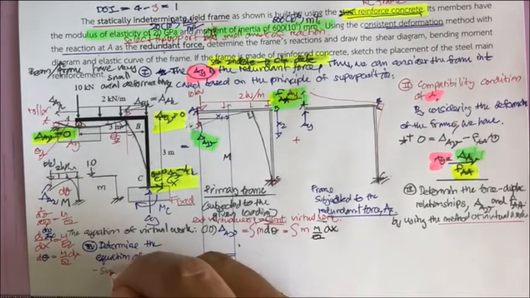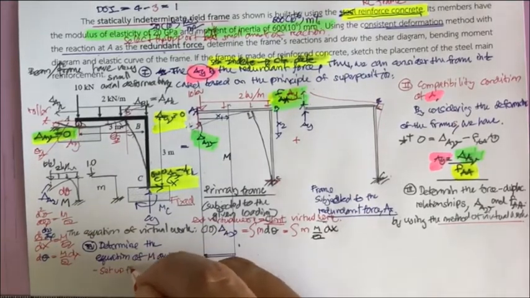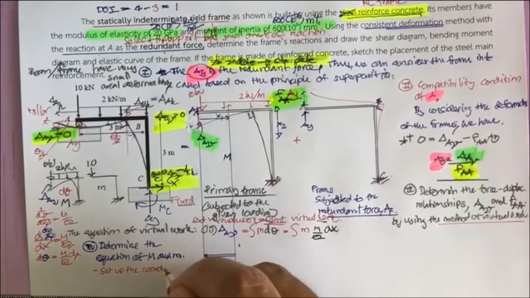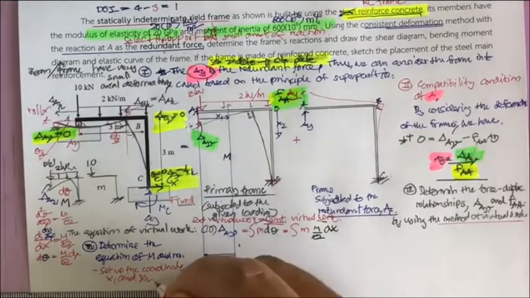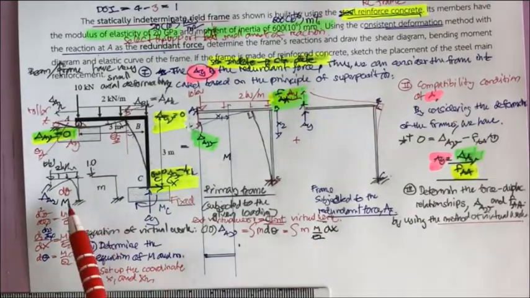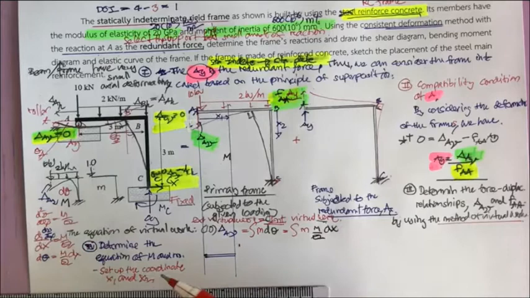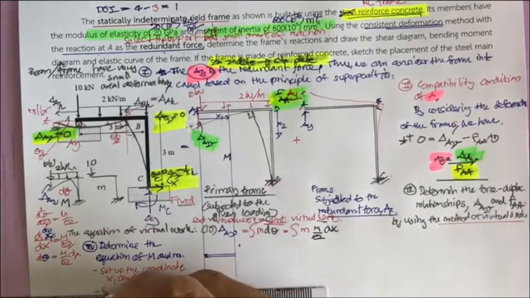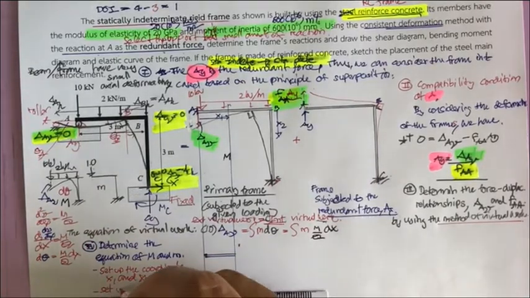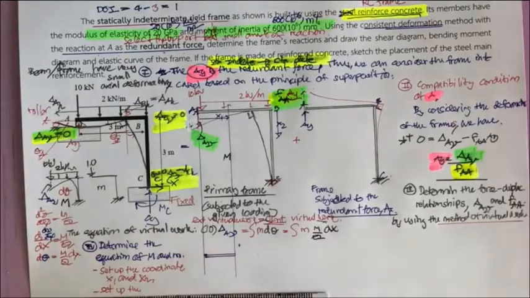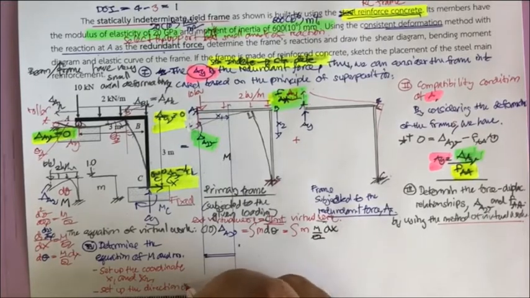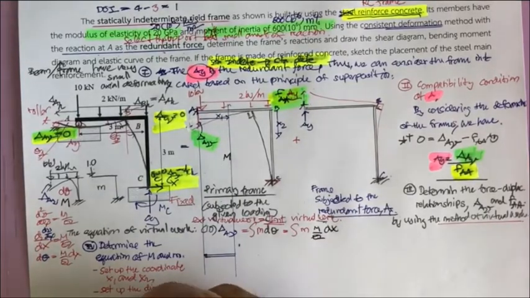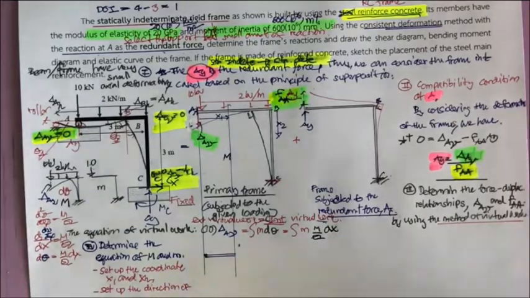One, we set up the coordinates x1 and x2, and we will use x1 and x2 to determine both big M and small m. And then we also set up the direction of big M and small m. It's going to be the same.